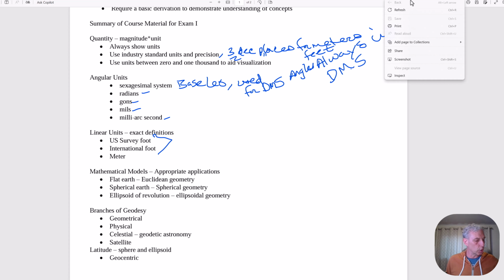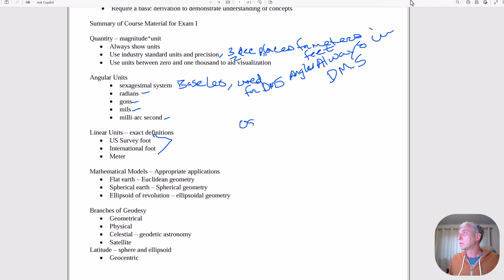So US survey feet, I'm just going to do it right here. There are 39.37 inches in a meter.